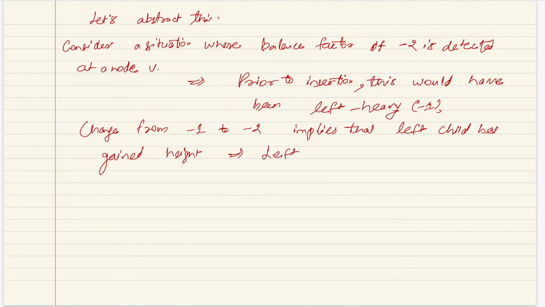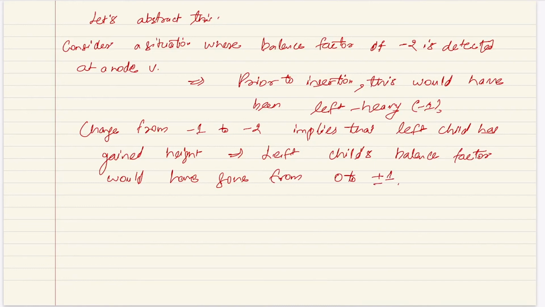So the left child's balance factor would have gone from 0 to plus minus 1. It can be either plus 1 or minus 1, right? Otherwise this cannot happen.